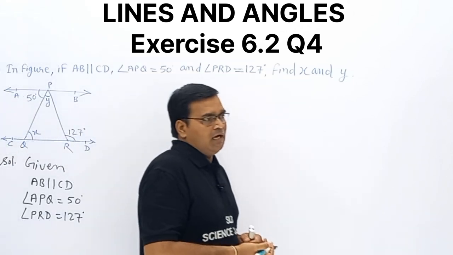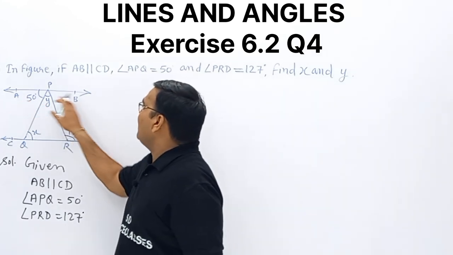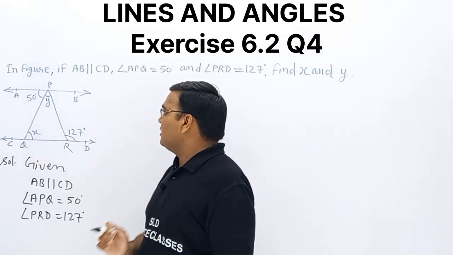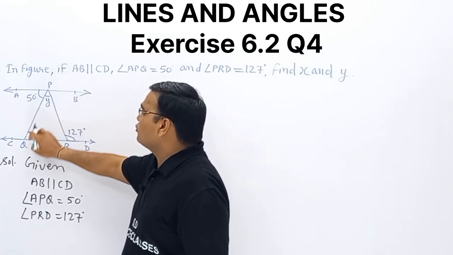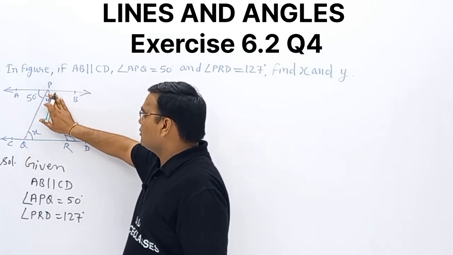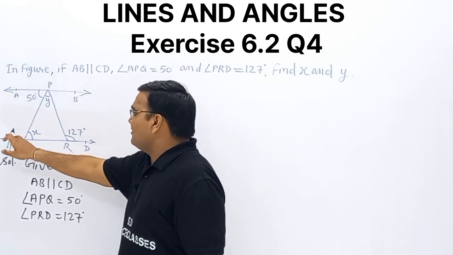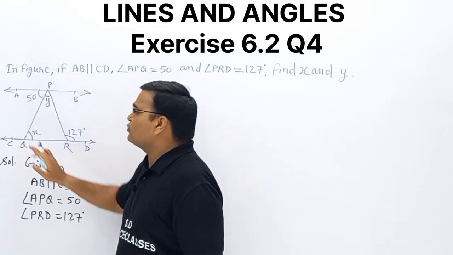How will we find the values of x and y? First observe. AB and CD both are parallel lines. Clear? And this is PQ. PQ is one transversal. Don't observe this one, observe only PQ. AB and CD are two parallel lines and PQ is a transversal.